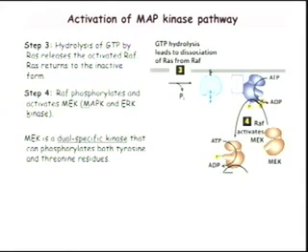So what's unique about MEK, which is different from all the other kinases that we've seen so far, is that MEK is a dual-specific kinase, okay, meaning it can target both tyrosine and threonine residues. In the past, we talked about PKA, PKC, CaM kinase. These are all pure serine-threonine kinases. They phosphorylate serine or threonine, but not tyrosine.